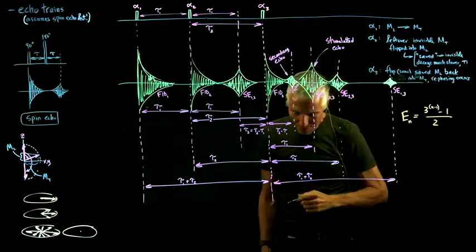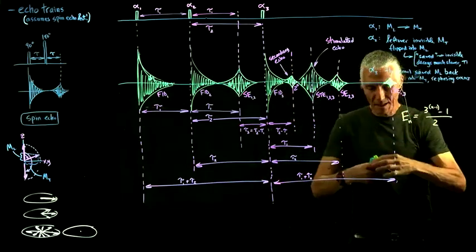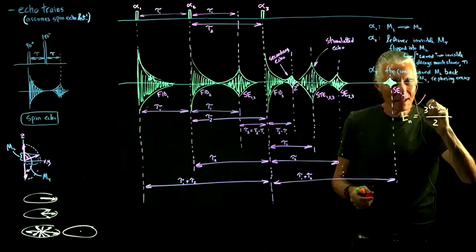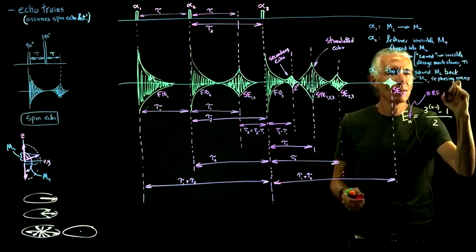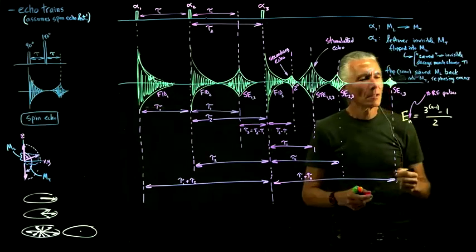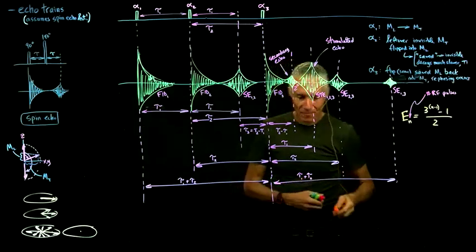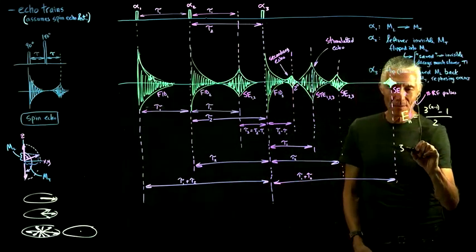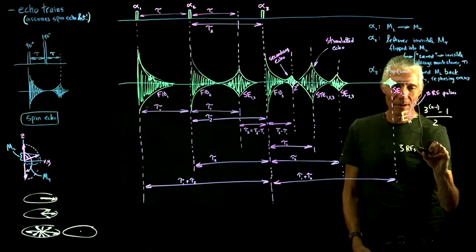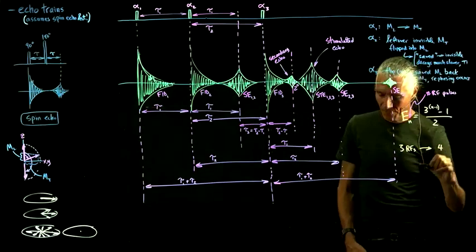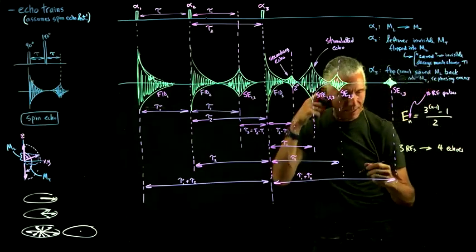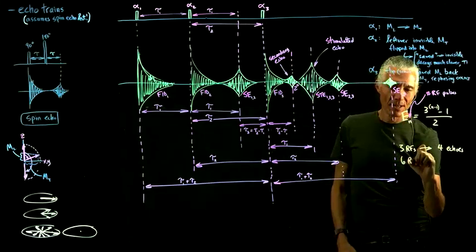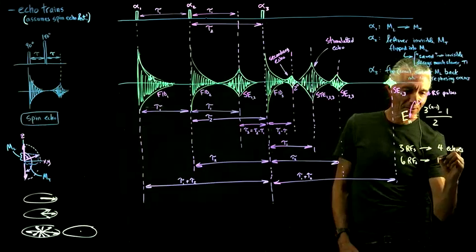So this n here is the number of RF pulses. And so what does that equal? Well, 3 RFs, that's what we did. 3 RFs gives 4 echoes after the third pulse. 6 RFs, we might do 1,000, but 6 RFs gives 121 echoes.